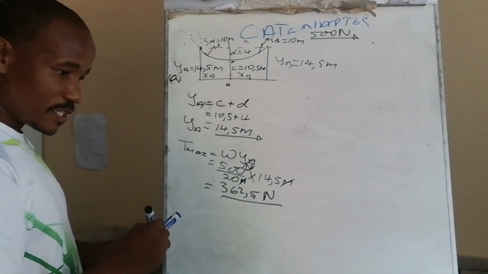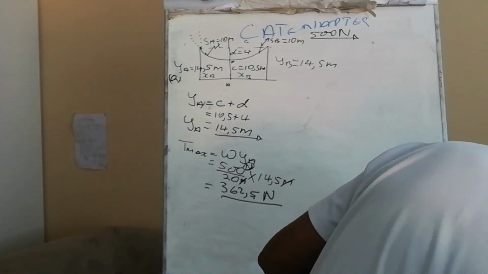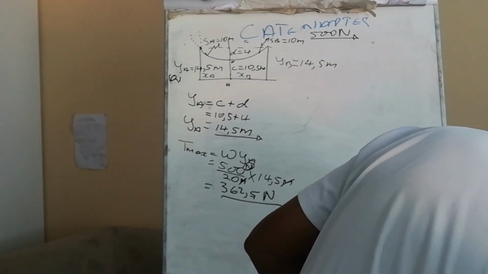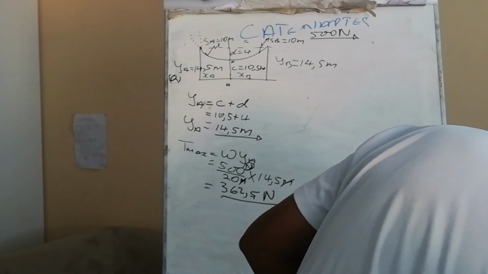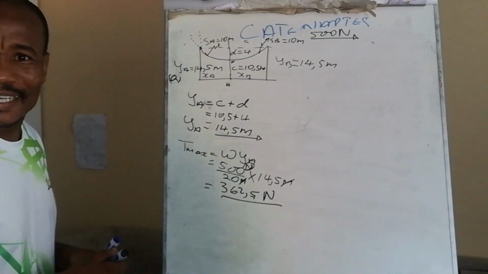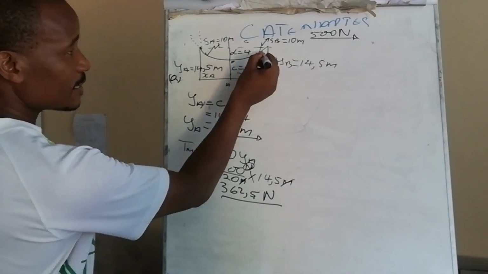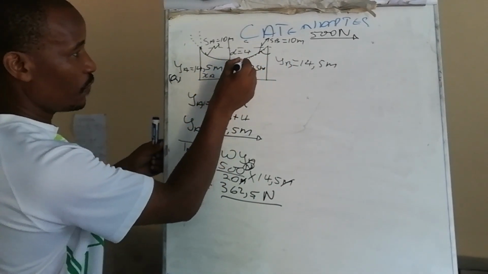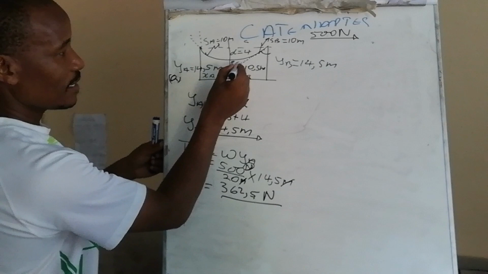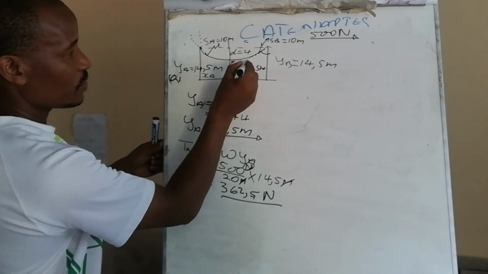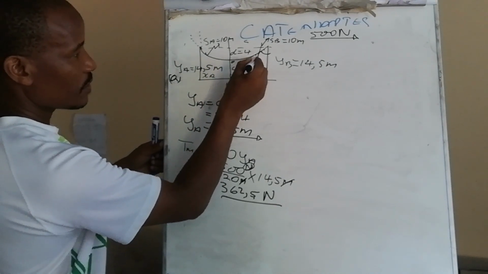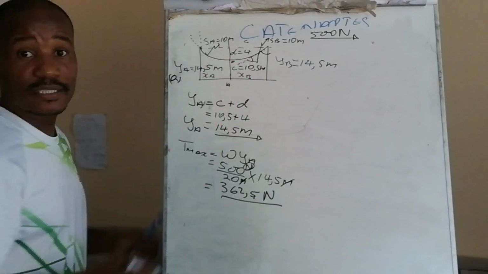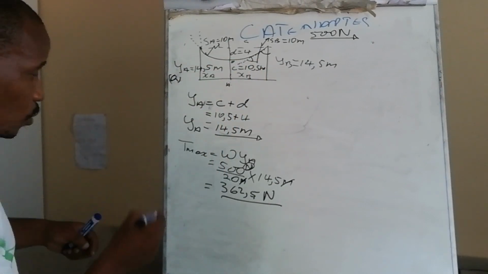You are also requested to calculate the inclination, the angle, this angle there. If you extend it like this, the angle is going to be like this. And it's equal to what?